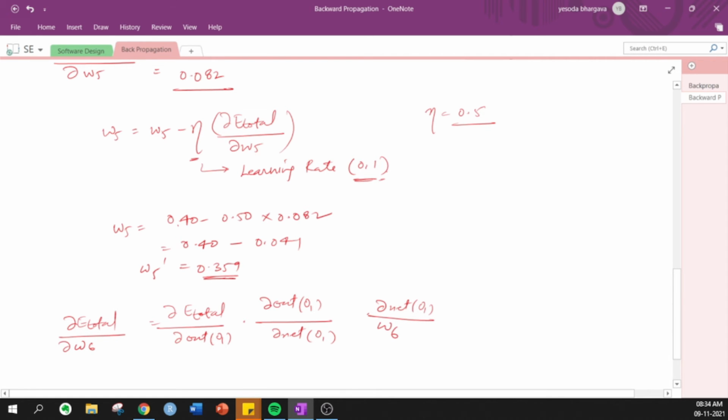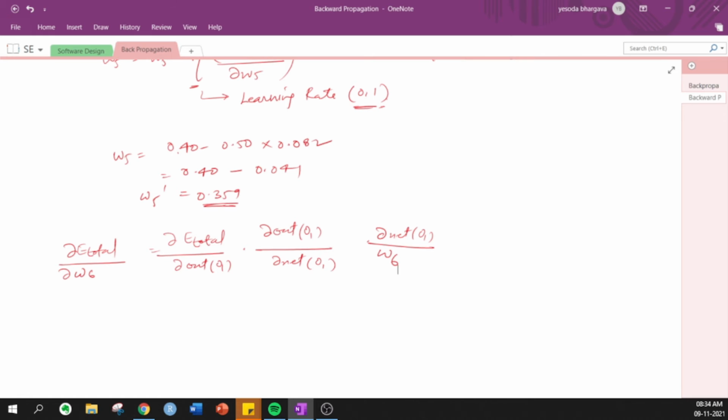Similarly for W7. This understanding of partial derivatives, which term to use and which not to use, will be clear if you look at the definitions of the various values we are computing.